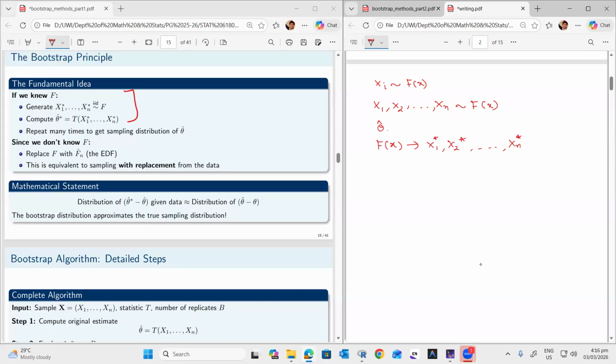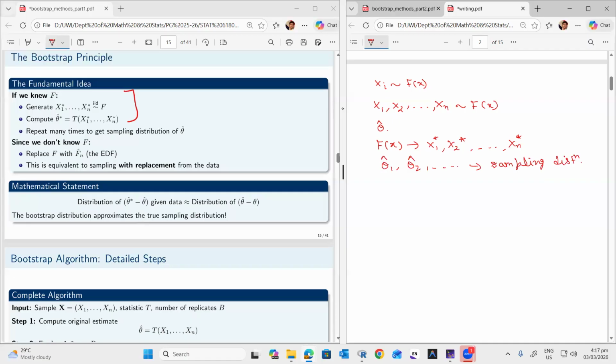You can directly go to the parent population and generate the sample from there, right? And you can estimate the parameter theta again and again from that, and that will provide you different estimates of theta, theta 1 cap, theta 2 cap, and so on. And from those you can find the sampling distribution of your parameter theta.